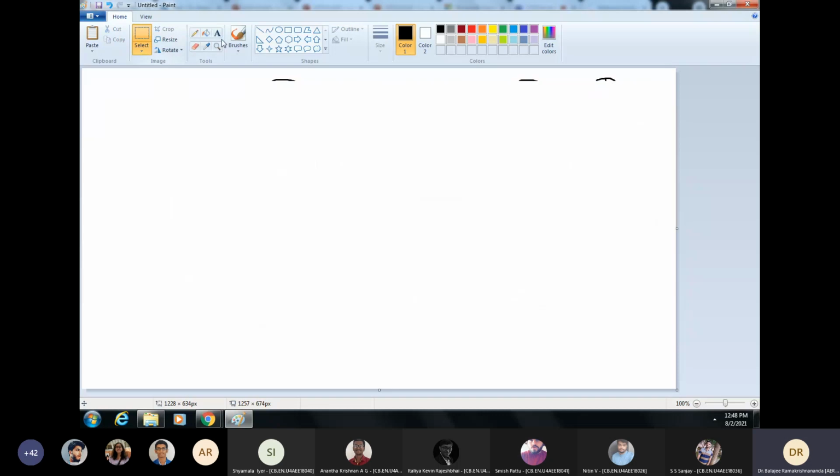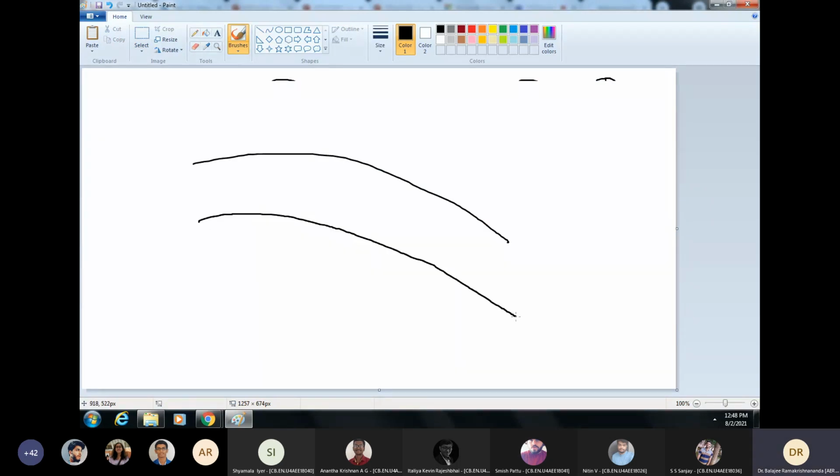Suppose a flow has this as one streamline and this as another streamline. By the definition of streamline, there is no normal flow, which means the flow is tangential. So whatever enters here, this particle will be here in steady state. This particle will be here.